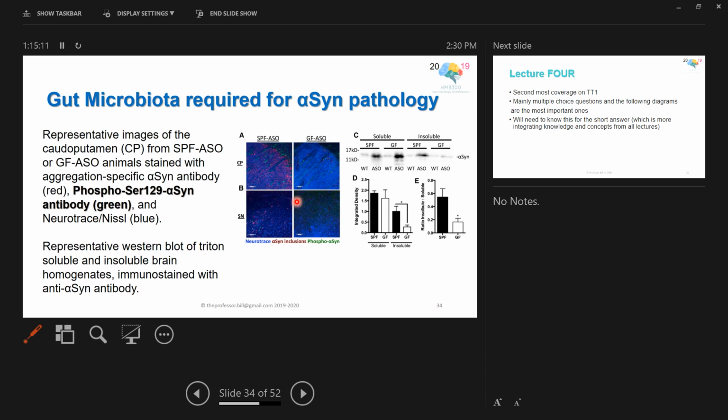So you would see more phosphoserine 129 alpha-synuclein staining for Triton insoluble. That's correct. If we take the biochemical fraction and look at where we would have more phosphoserine 129, it would be in the fraction that has insoluble proteins. Because we're looking at Lewy bodies when we're using phosphoserine 129, and Lewy bodies are insoluble. Right. Correct.